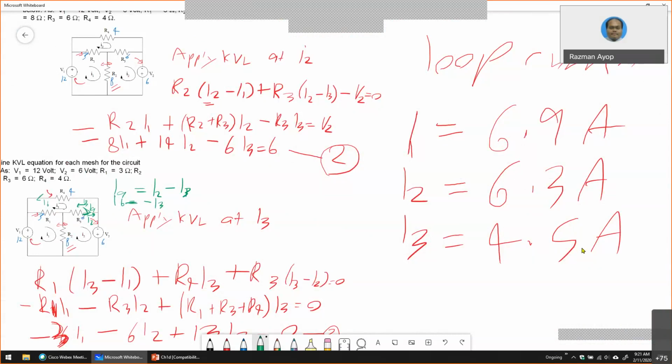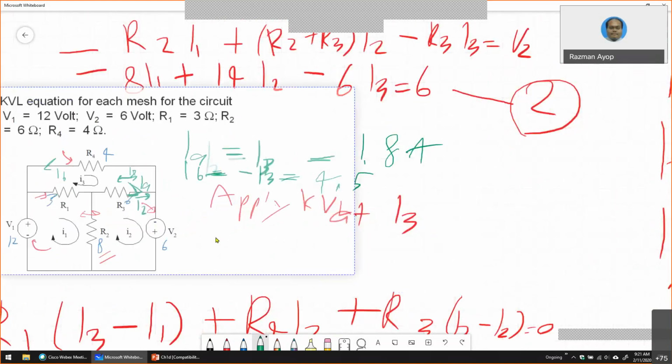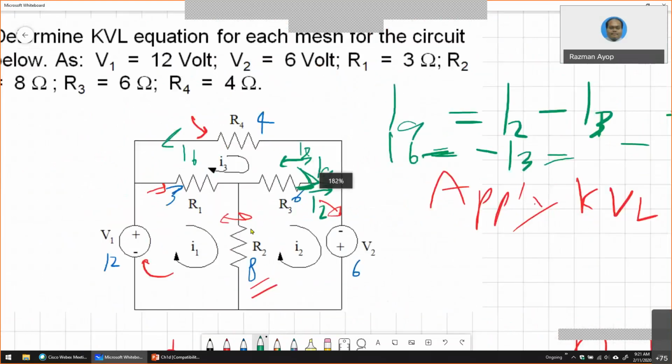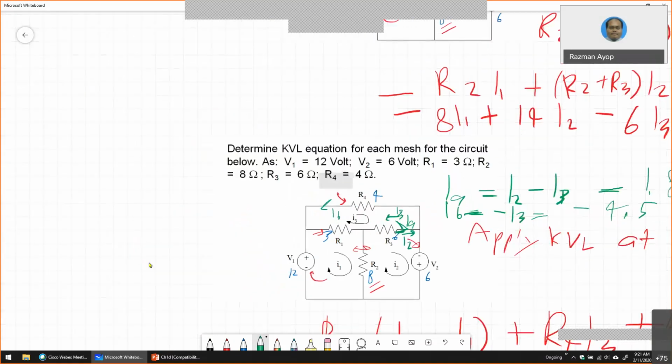IB is negative 4.5. That is how you get the branch current. To get the voltage, once you have the current, use Ohm's law. Can you understand how to get the branch current?